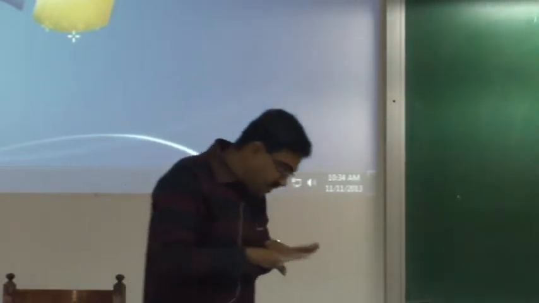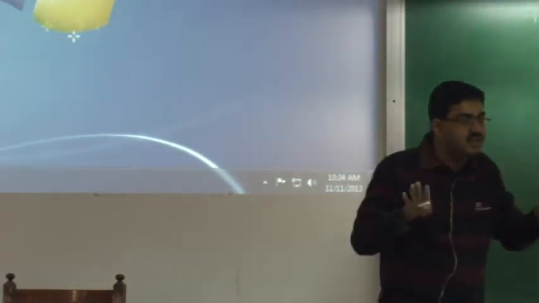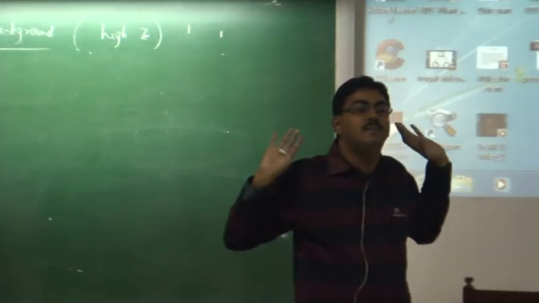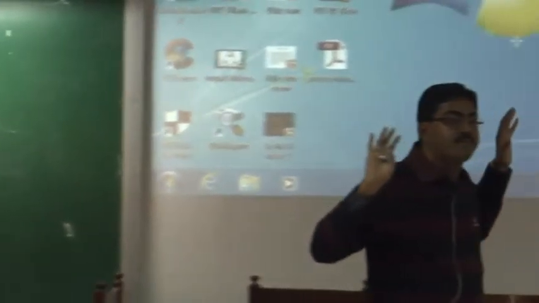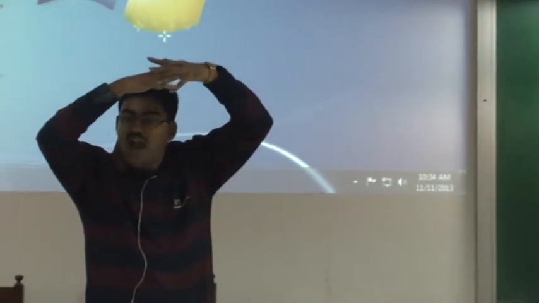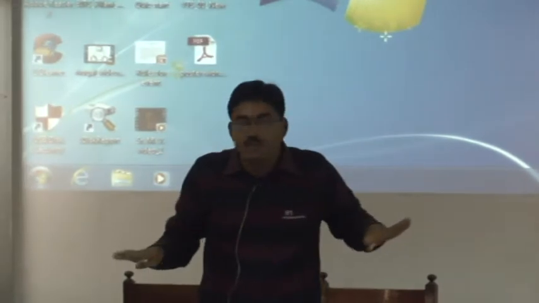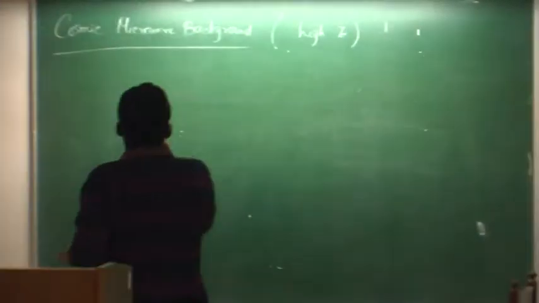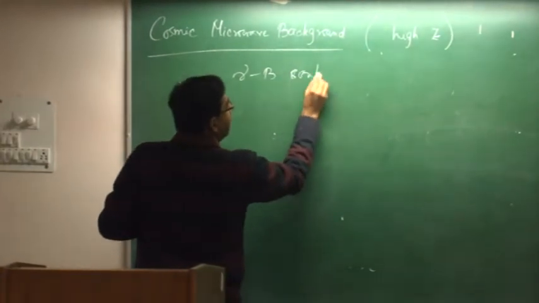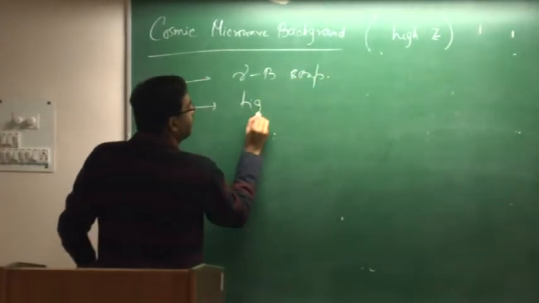But there was an era during the very early phase of evolution, and you have already studied thermal history, so you know these things. Your universe was made of photons and baryons, and they were tightly coupled. They had interactions and formed a soup of photons and baryons. So there was a time when you had a photon-baryon soup, and it was tightly coupled.